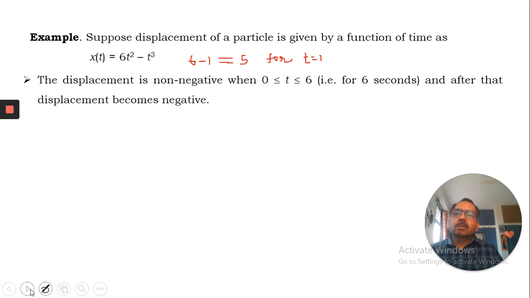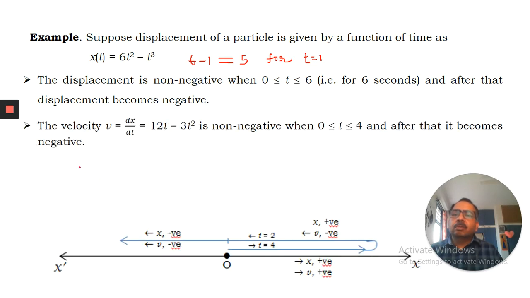Now see what happens to the velocity. If you take its derivative, the derivative is 12t minus 3t square. This velocity is non-negative when t lies between 0 and 4, and after that it becomes negative.